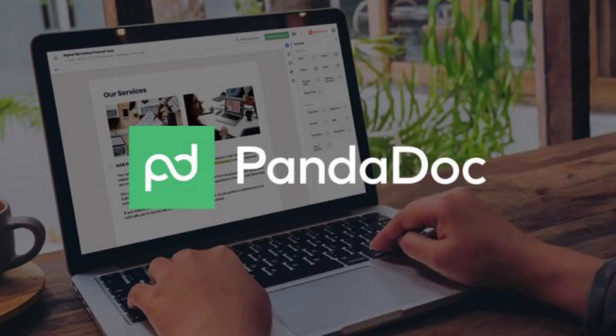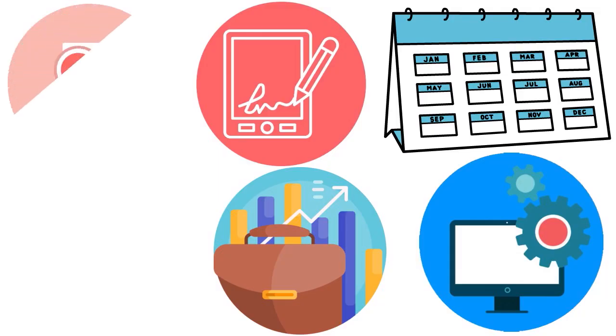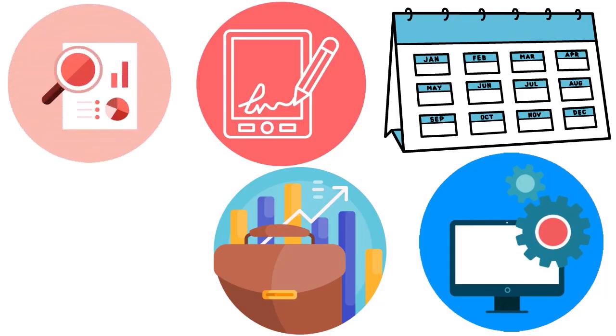You have collaborative document creation. That's kind of cool because you have flexibility among your team members. You also have electronic signatures. You have analytics and reporting, which is cool in terms of granularity. You also have custom branding, which is cool because it allows you to have a clear idea of what's working and what's not working, but also personalize your proposals.